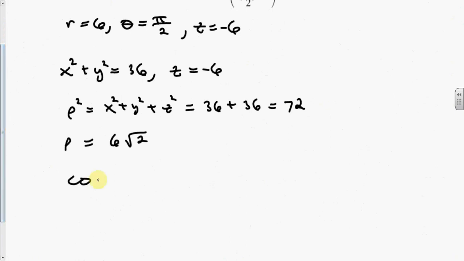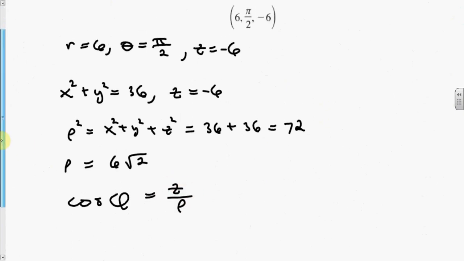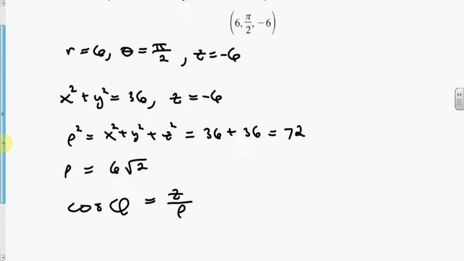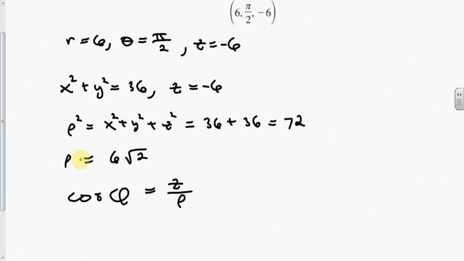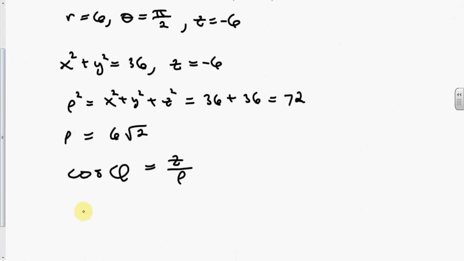So we know that cosine of phi is equal to z over rho. We know that z is -6. We just found rho. So cosine of phi is equal to -6 all over 6 times the square root of 2. So we get -1 over the square root of 2. So the reference angle is pi over 4.